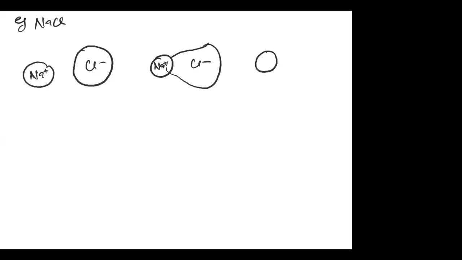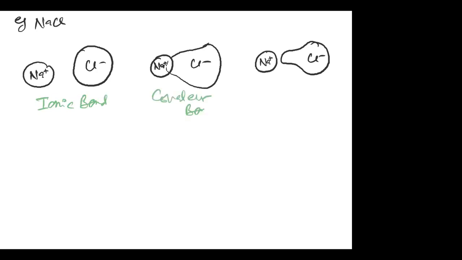Here it may be Na plus and Cl minus partially distorted. And here this may be Cl minus. So this bond is the example of a perfectly ionic bond. This is the example of a covalent bond.